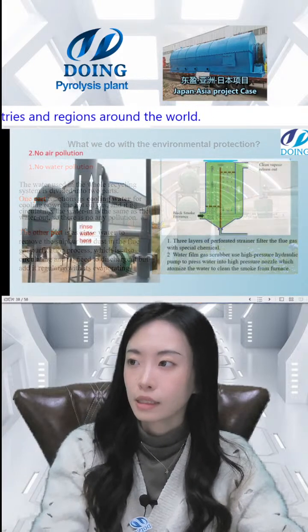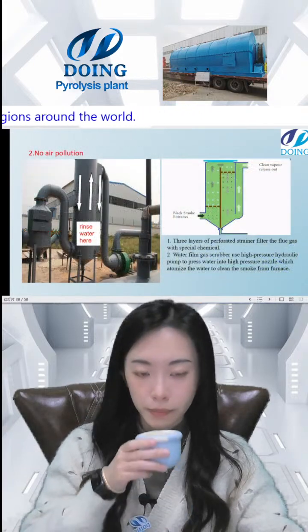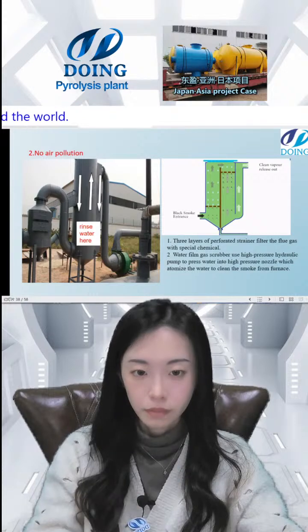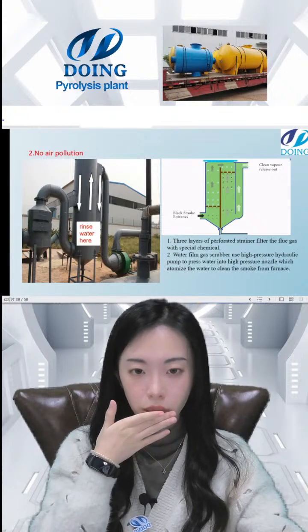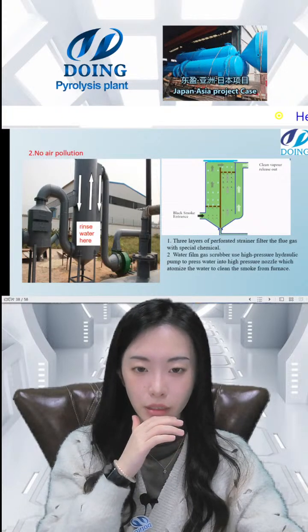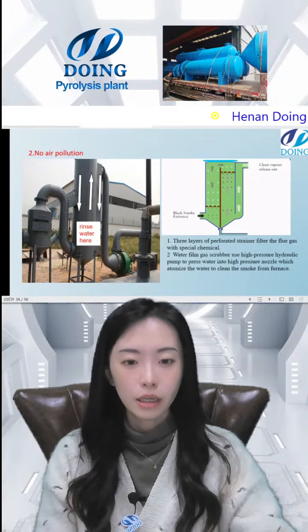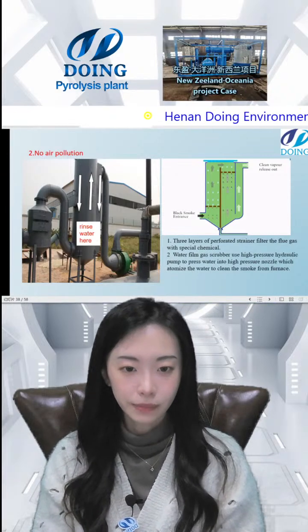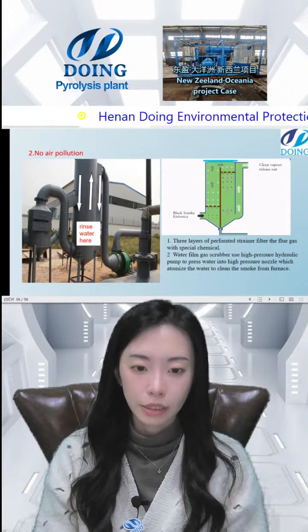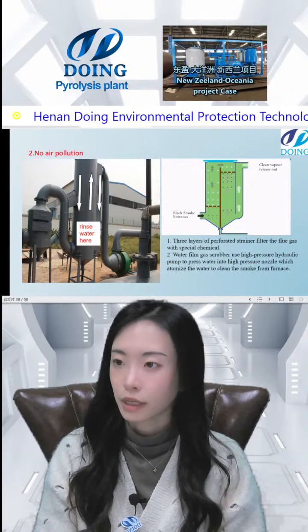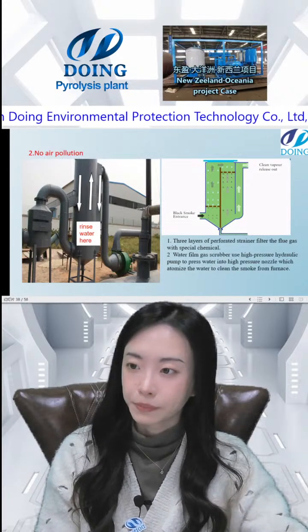And the second is we have no air pollution, because we will have the purification system, the purification device, the spring water, the post-dust collector, and the desulfurization tower to purify different smoke.